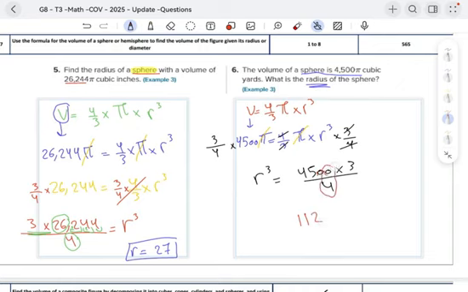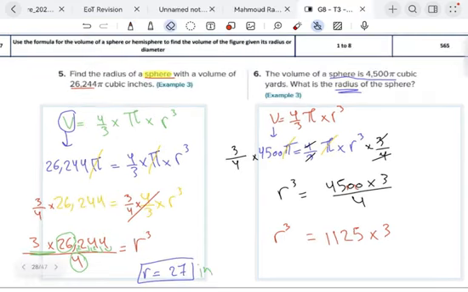Now 20. 20 divided by 4 is 5. 1125, we're going to multiply it by 3. The radius cubed is equal to 1125 times 3. So I will use the tree method to find the cubic root for this number.